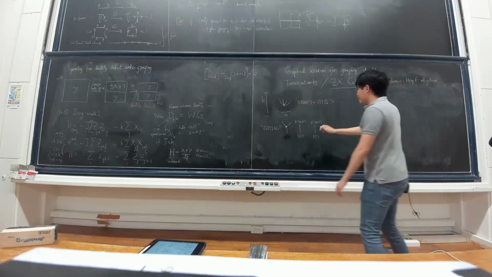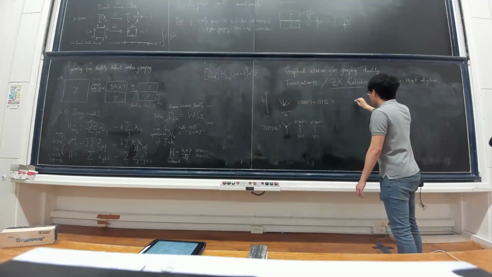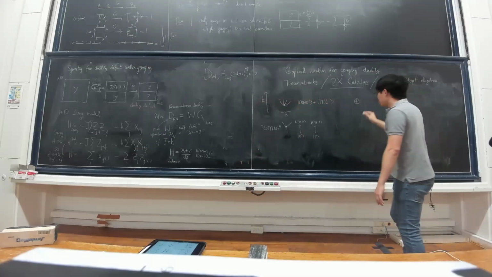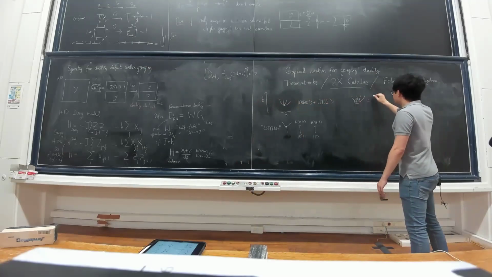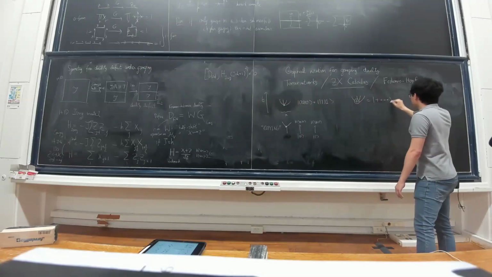Okay. And the second map, I'm going to use a hollow circle. And there could be many legs. And this is going to be all plus plus all minus.